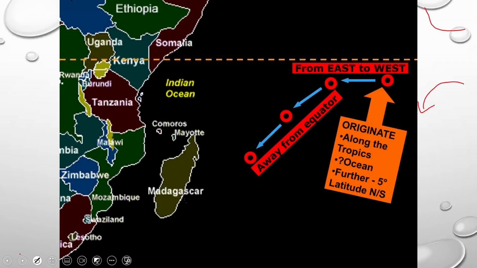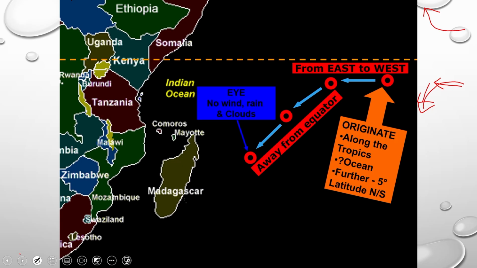So in the southern hemisphere, it will deflect it to the left. In the northern hemisphere, it will deflect it to the right. So this is east to west and away from the equator. Please be geared to be able to explain that, because it is going to be part of your higher order question, where you are asked to reason things out.